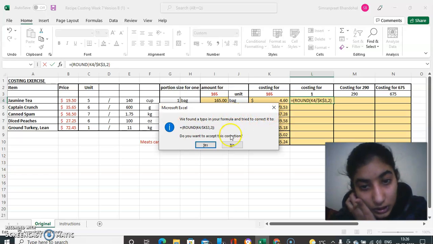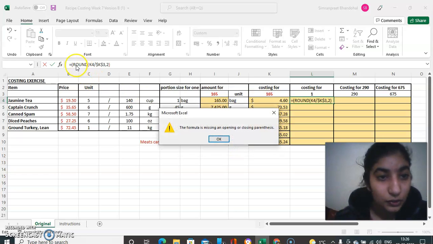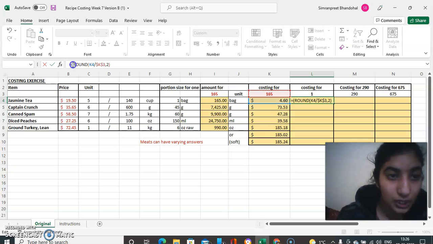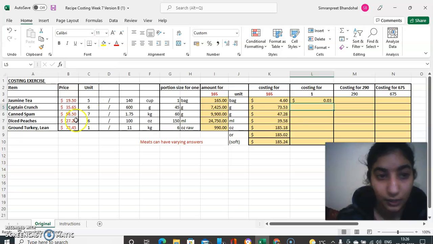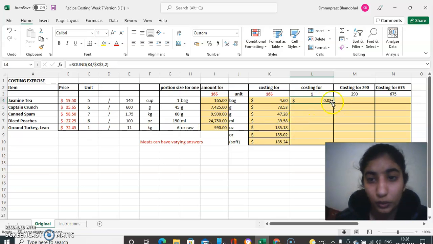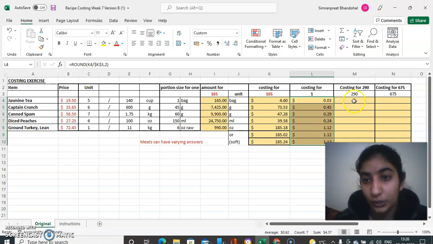Oops. The bracket we have started here will not be accepted because we will simply start it with the round. Now we will press enter and we got cost for 1 is 0.03. Here we don't need to do it again, we will simply drag it down to get the whole values.